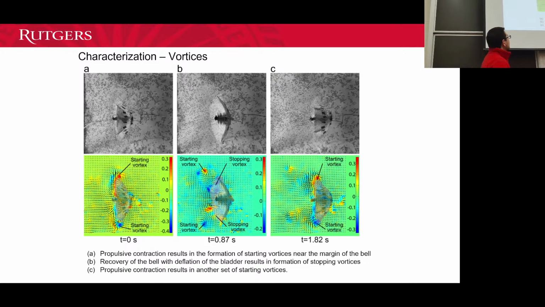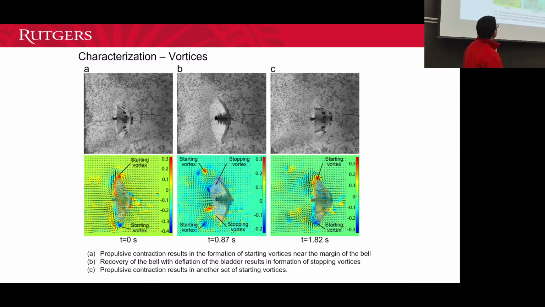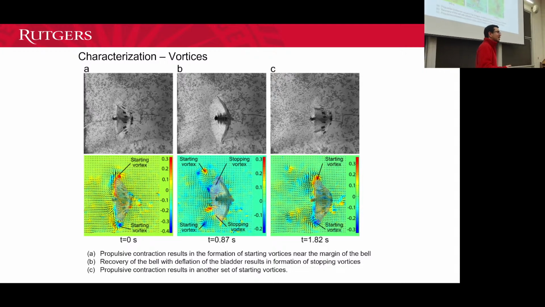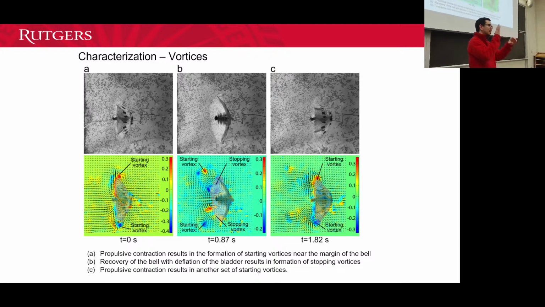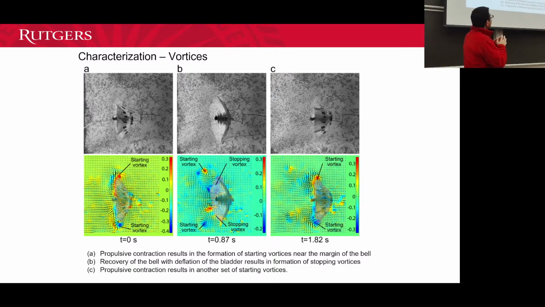And here are some snapshots of the starting and the stopping vortices. Okay, we have no idea what the energy that we're putting into the system is at this point, because Kevin is there pumping these syringes with fluid running through the tubes to the jellyfish. Okay? And we're excited, though, that we do see the starting and stopping vortices.